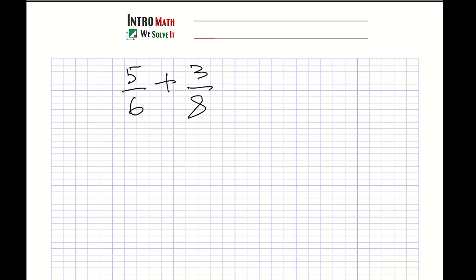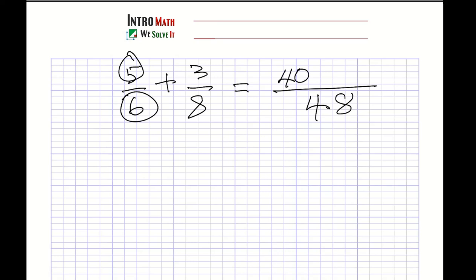You say 6 times 8 is what? It's 48, right? You get 48. 48 divided by 6 is 8, right? 8 times 5 is 40, plus. And then 48 divided by 8 is what? 6. 6 times 3 is 18, right?